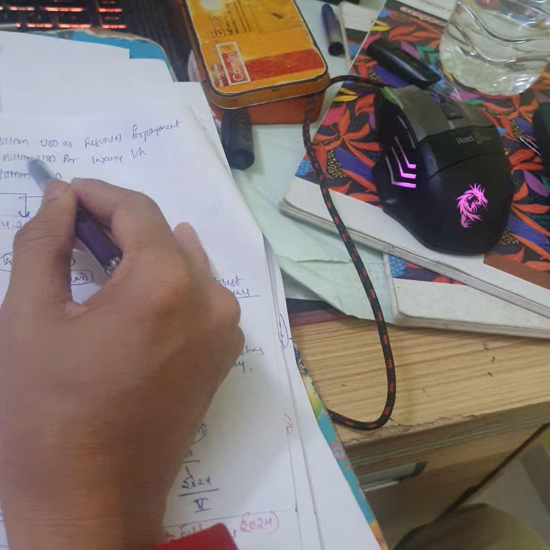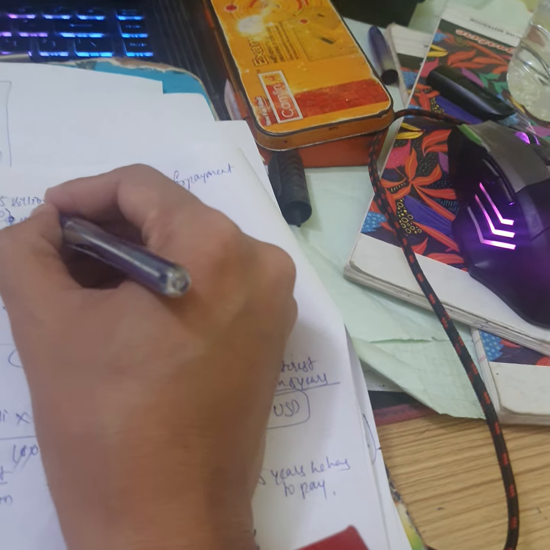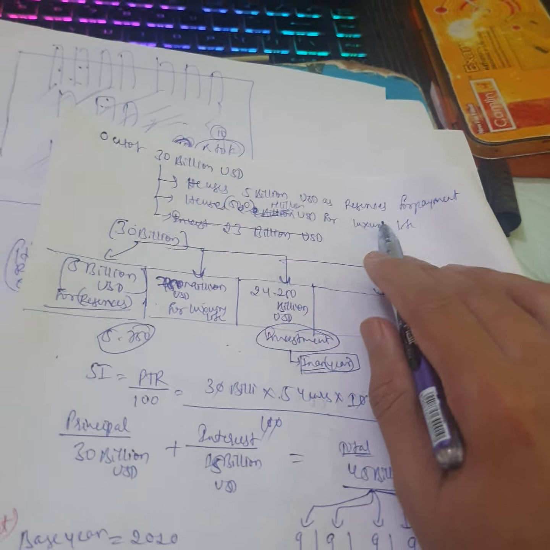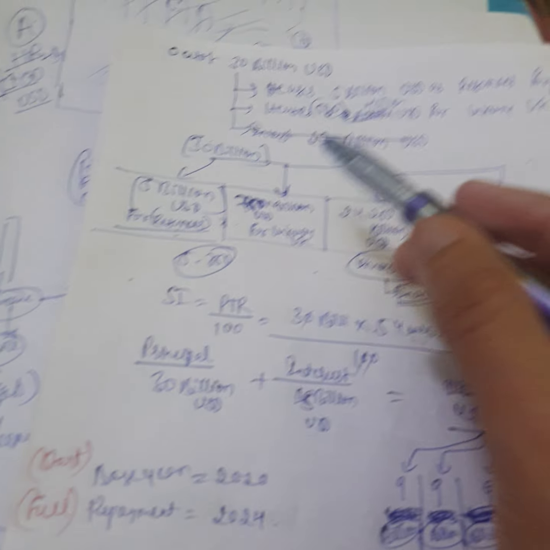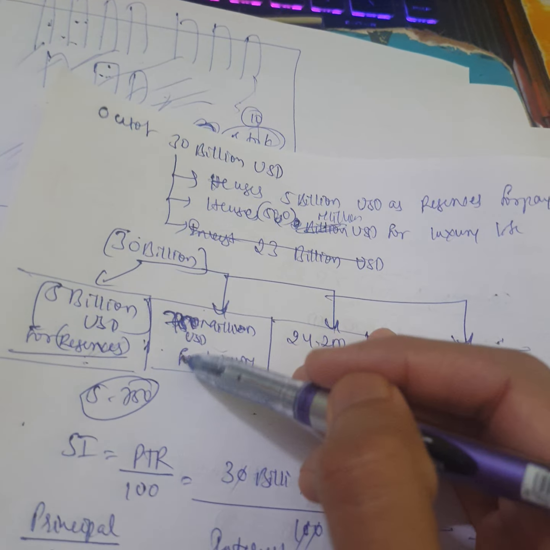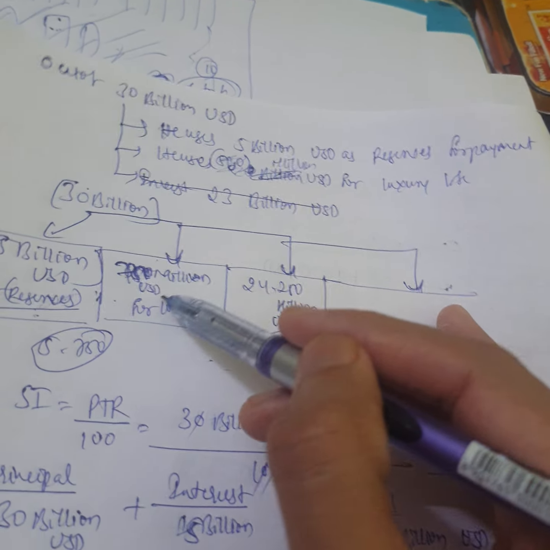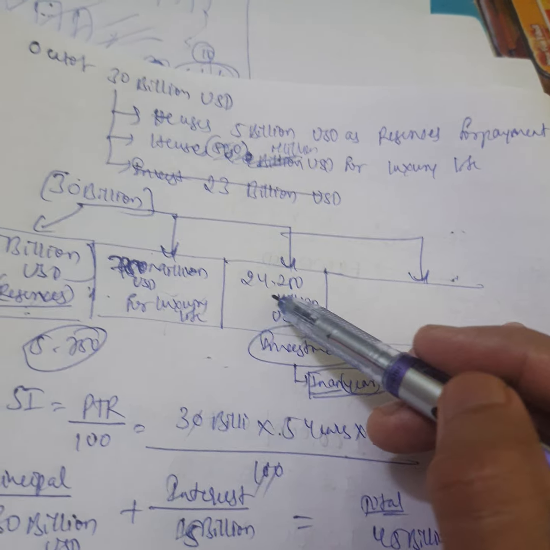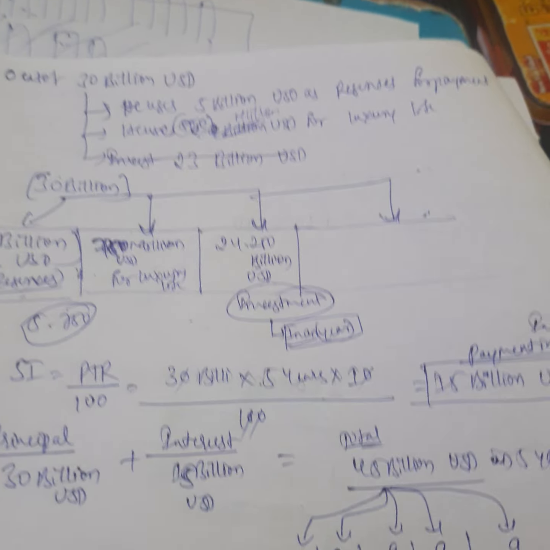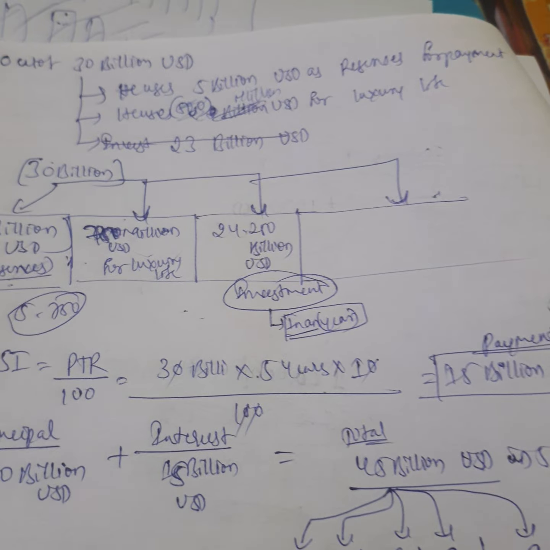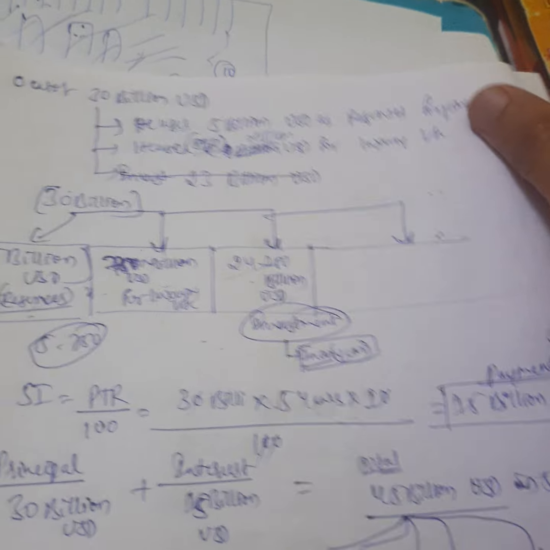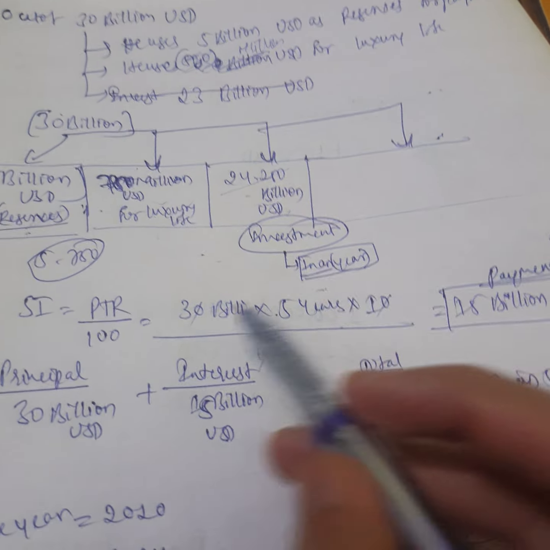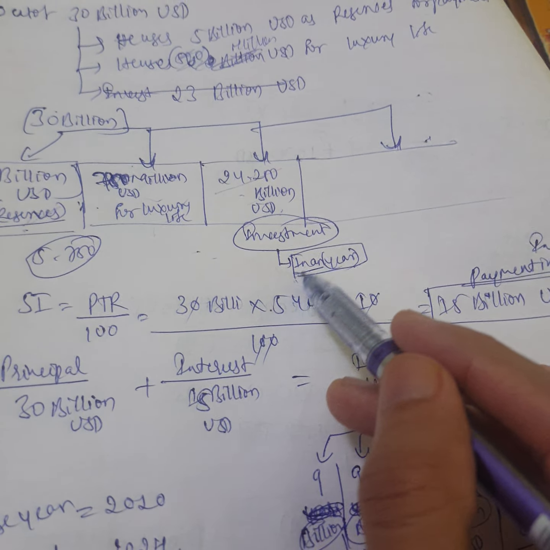He uses 750 million for a luxury life, to buy a yacht and some luxury items. And 24.250 billion USD he is going to invest in a year.